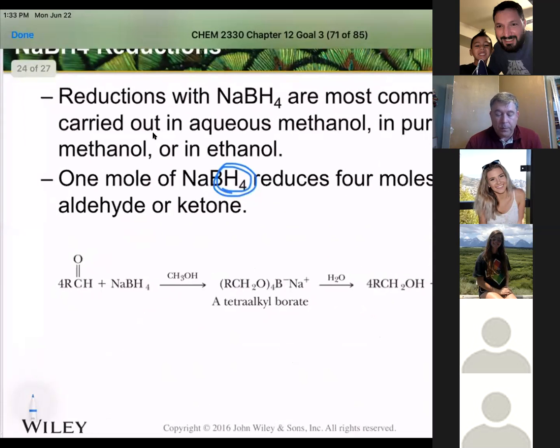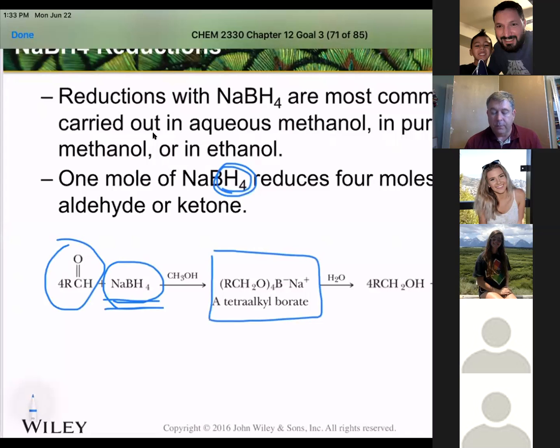So we can actually end up adding 4 aldehydes to a single equivalent of sodium borohydride, giving us a compound that has 4 different carbons and 4 different oxygens bonded to boron. And then if we take that and break those bonds with water, we get a primary alcohol out in the borate salts.